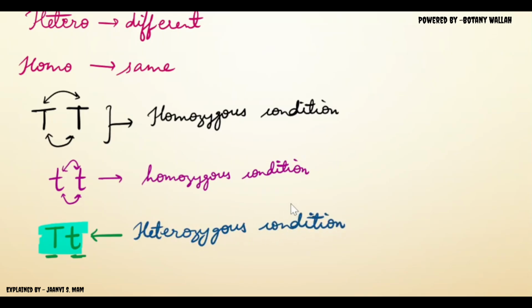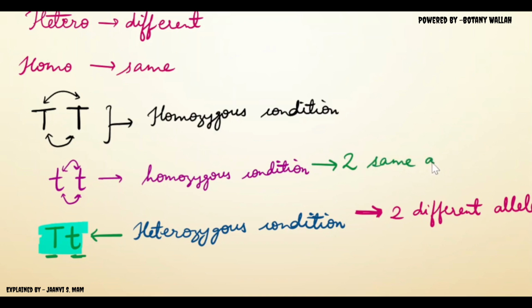So there are two different alleles present here, and at this site two same alleles are present. So this is all about the terminologies in genetics: heterozygous and homozygous.